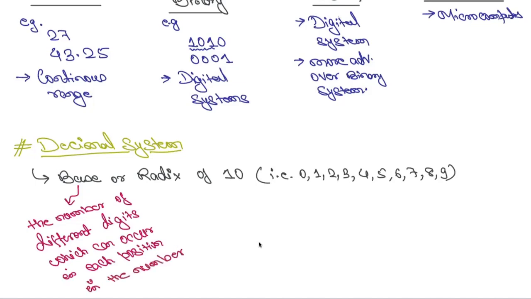Base is basically the number of different digits. How many different types of digits can we use? 0, 1, 2, 3, 4, 5, 6. So this is what we use in our normal decimal system. Our normal decimal system is basically what? 10, right? If we say 1, 0, 5, 7, 4, 7, all of them are what? Same or different?